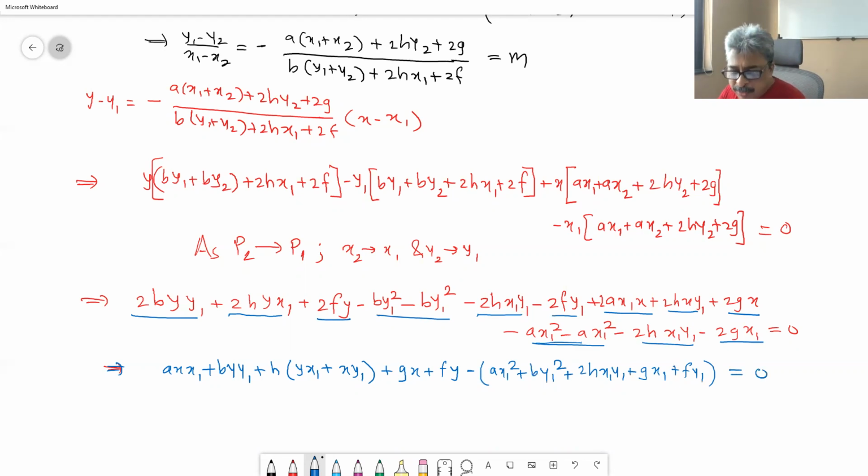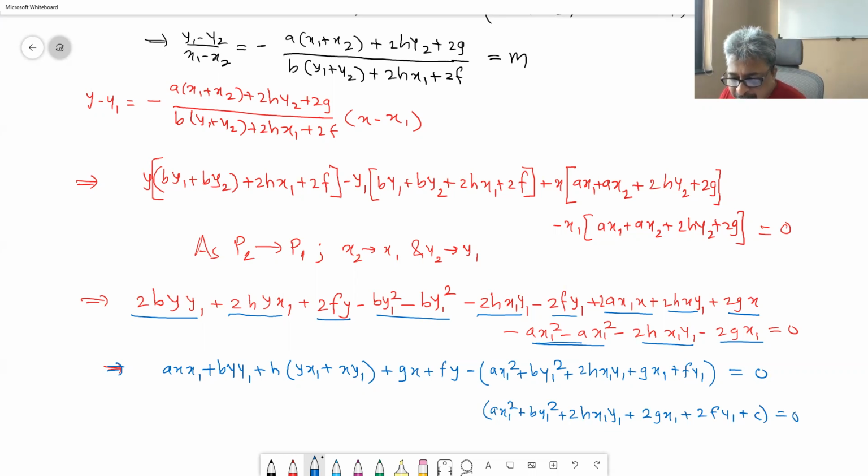Now if we look at this bracket, first three terms are behaving well, as if we have put that point in the equation of the curve S. But these two terms are little less. So therefore, let us make it ax1 square plus by1 square plus 2hx1y1 as it is, plus let us make 2gx1 plus 2fy1 plus c is equal to 0.